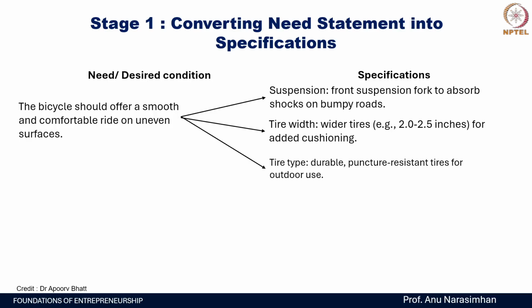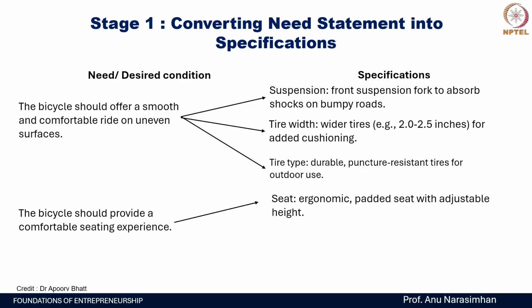Yeah. So, those are specifications from the need or the gap, that is the bicycle should provide a comfortable seating experience, and here we are saying ergonomic padded seat with adjustable height, all of which makes eminent sense. So, I am not going to explain that in detail to you, but this is where a designer has applied their understanding and said, if this is what the user is telling me, that I want a more comfortable seating experience, this is what it translates to as far as the specs of the product are concerned.